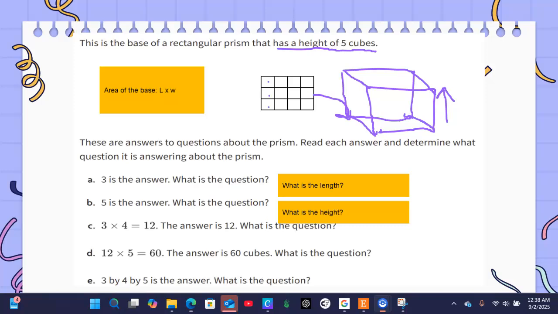Our next one says 3 times 4 equals 12. We already started talking about that when we talked about the length. 3, this would be known as our length.